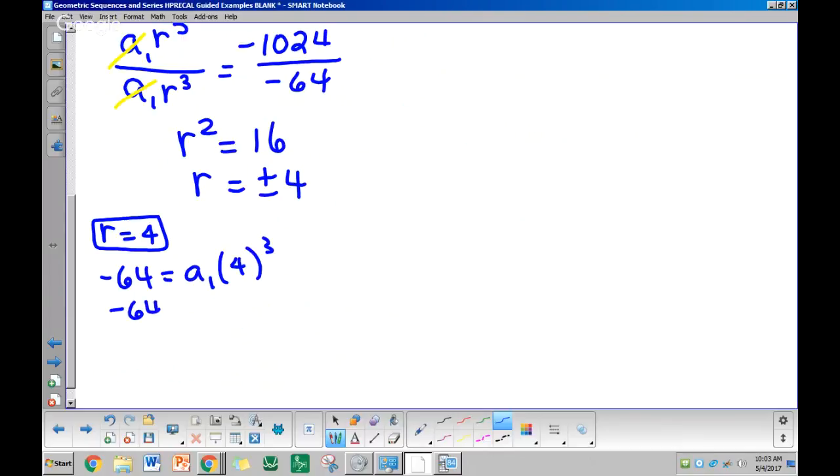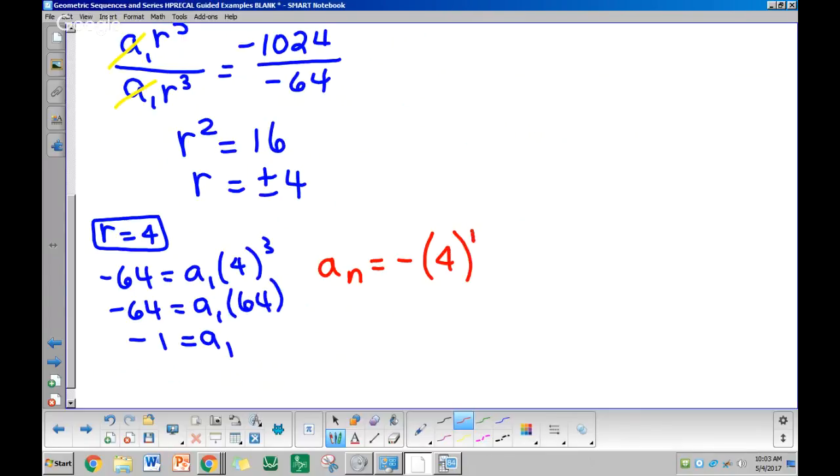Negative 64 equals a sub 1 times 64. So a sub 1 is negative 1, right? So what would our a sub n be for this sequence? It would be a sub n equals negative 1 times 4 to the n minus 1. That's my first sequence. This is the first possibility.